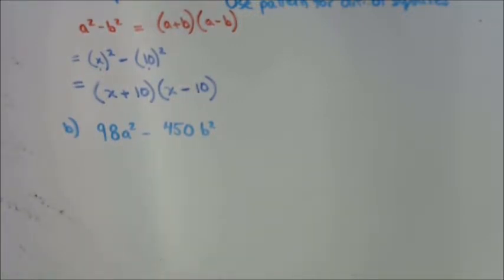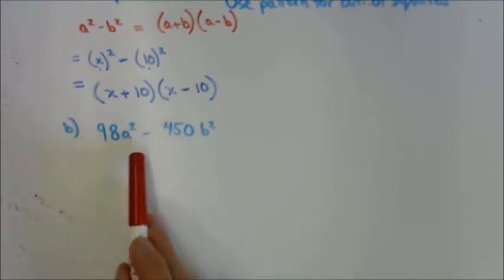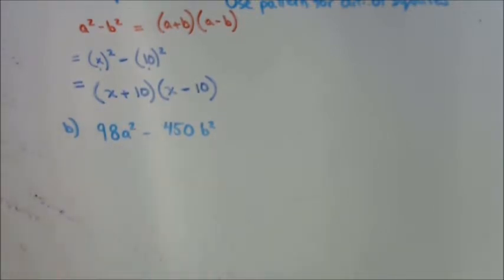Now, we would factor out 2 only if 2 is the greatest common factor. We want to pull out the greatest common factor. So we want to find out if there's a number greater than 2 that can divide both of these numbers. Does 450 divide by 98? You can just check it in your calculator. 450 divided by 98, it doesn't work.